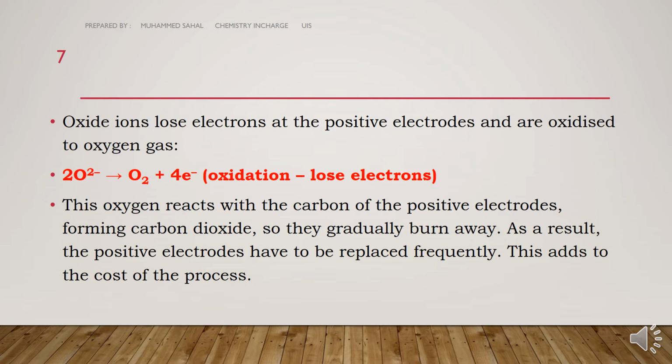We have to replace the anode frequently, because the oxygen gas released at the anode reacts with the graphite, that is, the anodes burn away. Due to that reason, we have to replace the anode frequently.